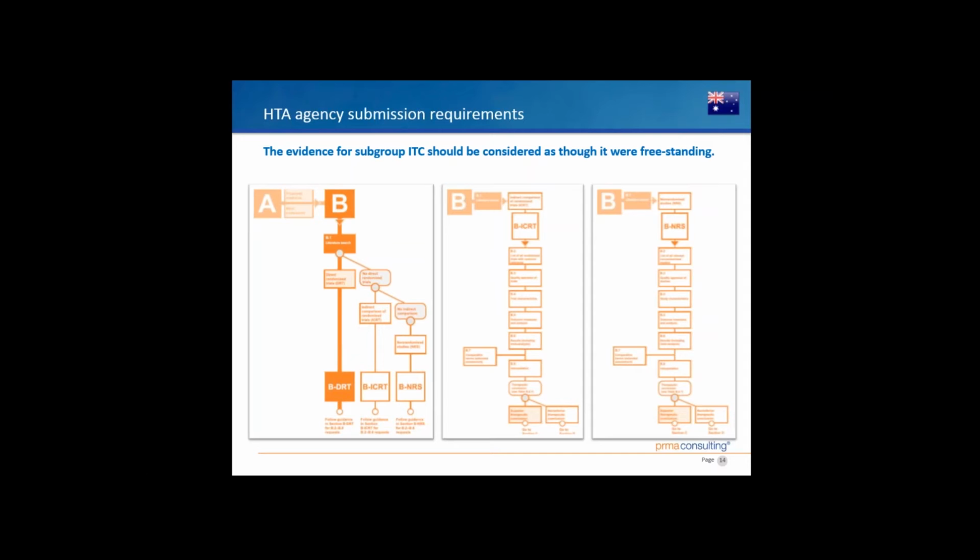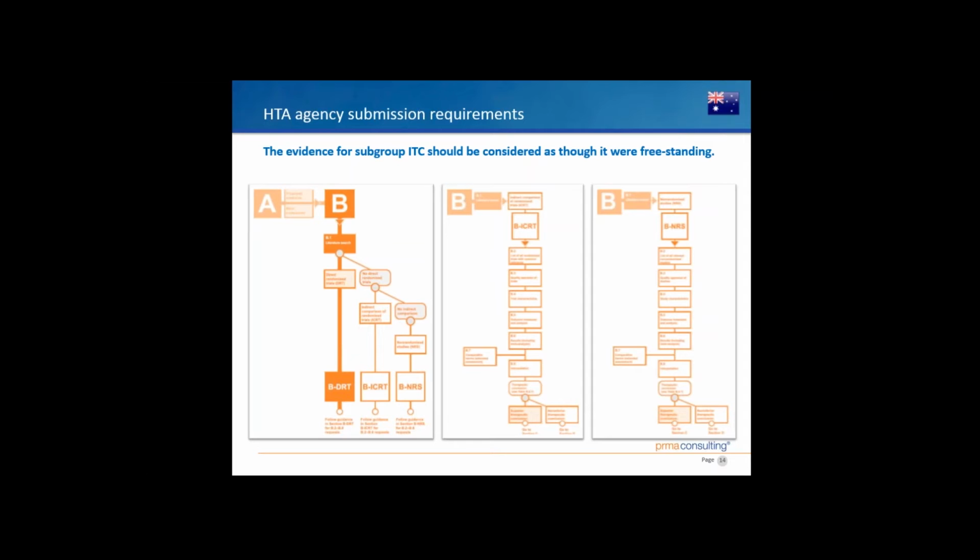The argument that I'm going to make today is that, as it says in blue, the evidence for the subgroups and indirect treatment comparison should be considered as though it's freestanding. In the case of confronting subgroups, those should be treated as though they are the indication.